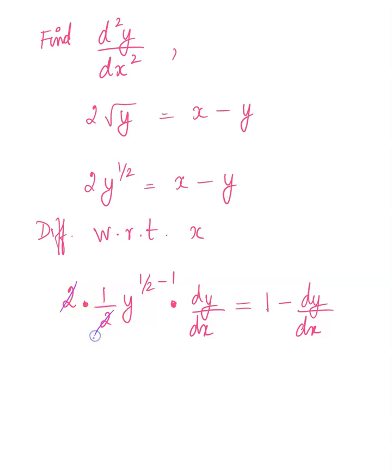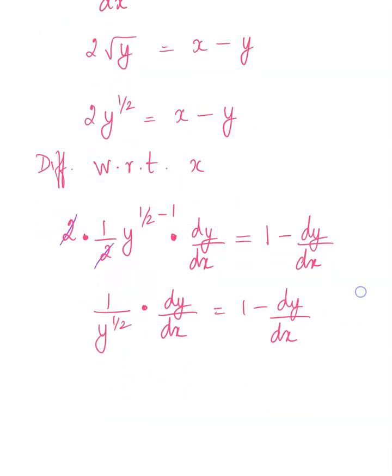Now these go away. And that's going to be y power negative half, so it's going to be 1 over y power half dy over dx, 1 minus dy over dx.